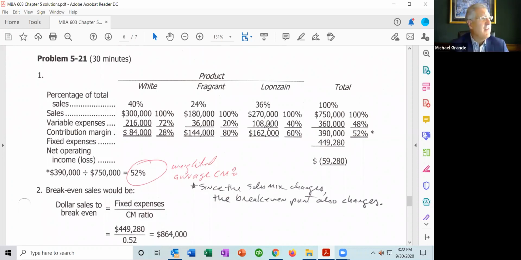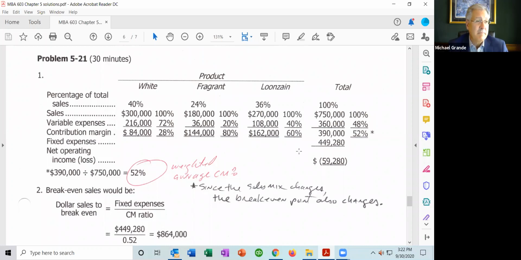So you got $300,000 in sales for white, 72% is the variable expense percentage, and therefore 28% is the contribution margin percentage for white. You got $84,000 contribution margin. For fragrant, again, they gave you the $180,000, but you needed to use the very same contribution margin percentage for fragrant at 20 and 80.